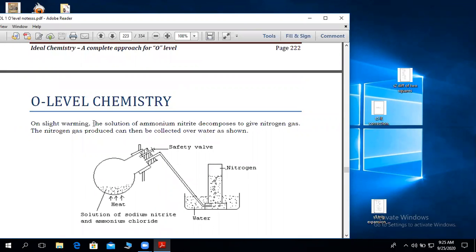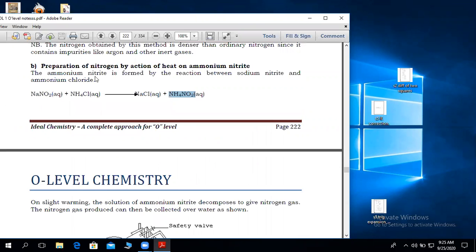So we are saying on slight warming, the solution of ammonium nitrate decomposes to give nitrogen gas. The nitrogen gas produced is collected over water, as you can see. So what do you learn from here? Ammonium nitrate is not readily available, and it is first prepared by reacting sodium nitrate and ammonium chloride.